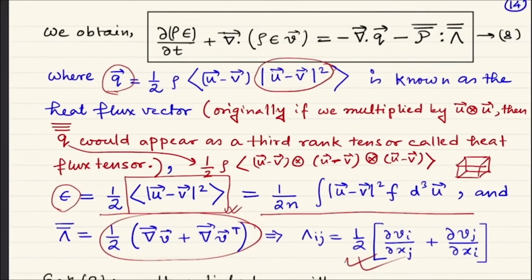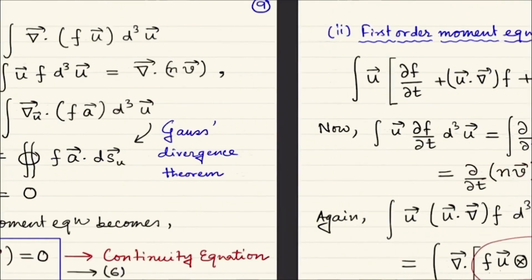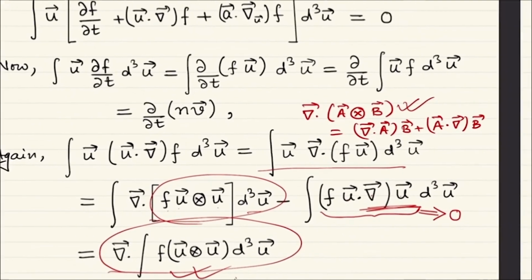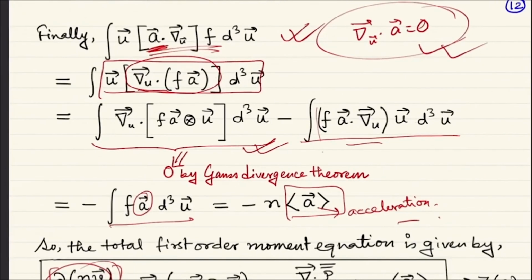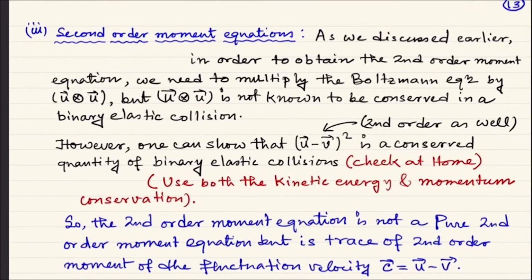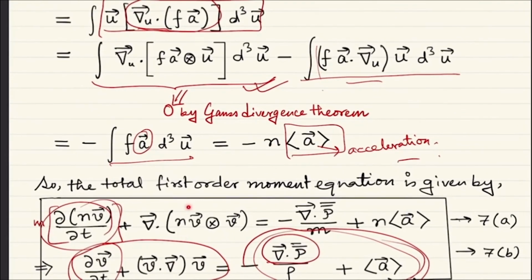In the zeroth order equation, if you see attentively, you have V, which is the first order moment. In the first order equation, you have P, which is the second order moment. Of course I understand this is for fluctuating velocities, but it is somehow second order.